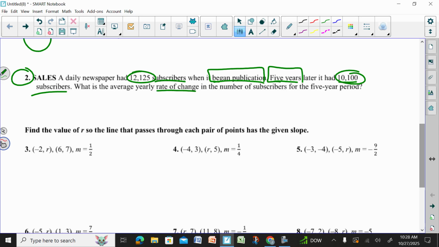So I know one of the ordered pairs, 5 years later, there were 10,100 subscribers. If you remember back from the little warm-up we did yesterday, we talked about your x-intercepts and your y-intercepts. The 12,125 is your y-intercept when we began in year 0. Okay, 5 years later, we can call it year 0.